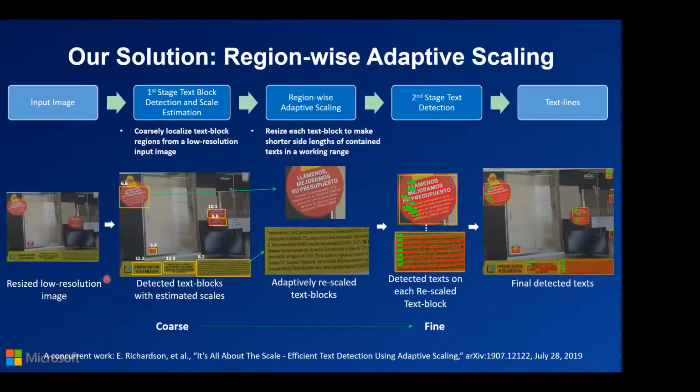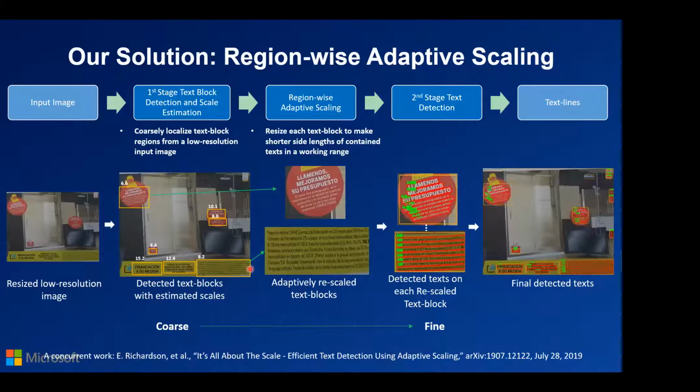The proposal that we have is something called region-wise adaptive scaling. You take an input image, you first run a stage of text block detection, trying to figure out where the text blocks are. Here, for example, these are some larger text and here are some small text, and for each text region, we estimate their scales.